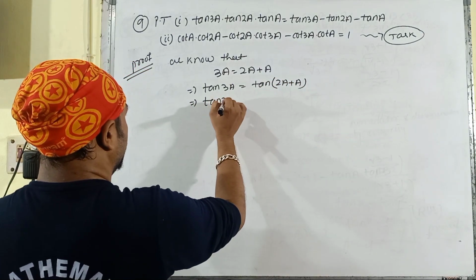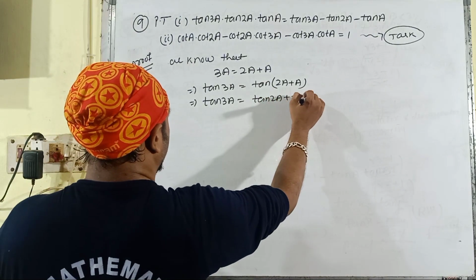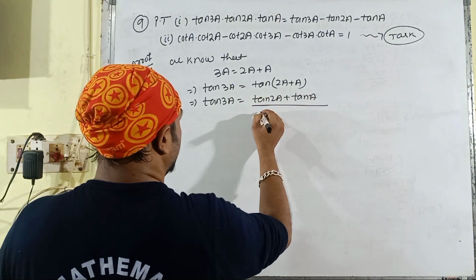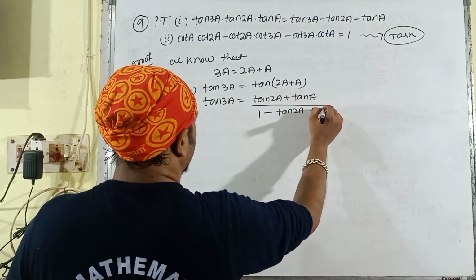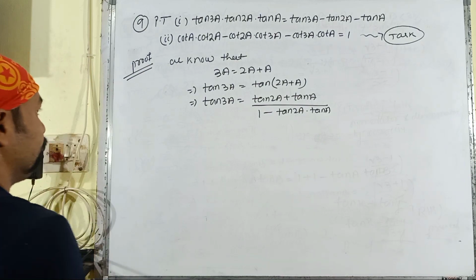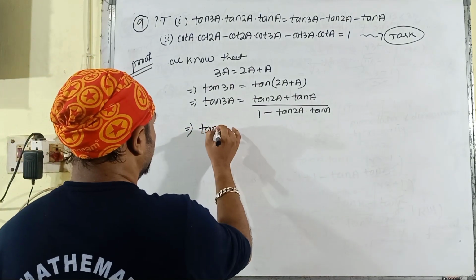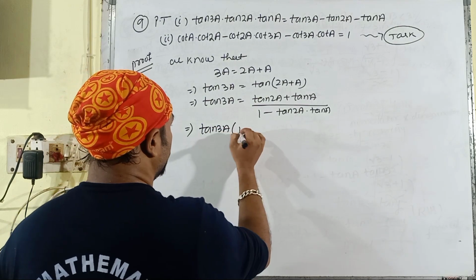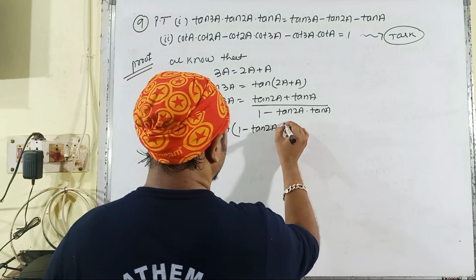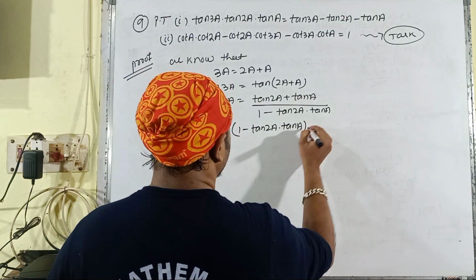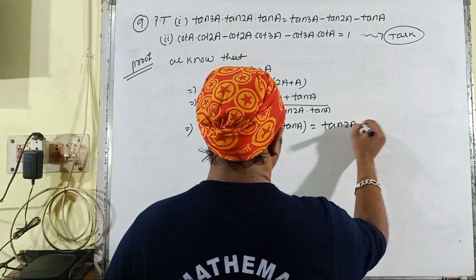Then tan 3a is equal to tan 2a plus tan a whole divided by 1 minus tan 2a into tan a. Then tan 3a multiplied with 1 minus tan 2a into tan a is equal to tan 2a plus tan a.